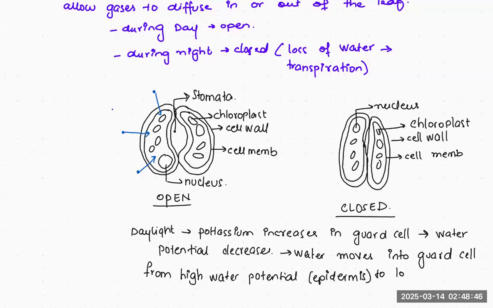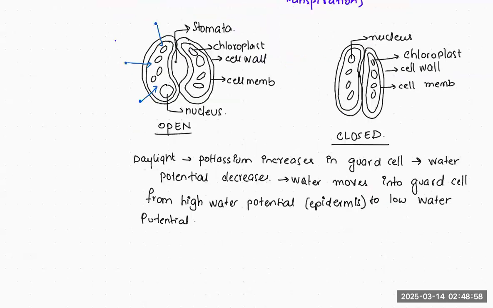Now, when the water moves into the guard cell, what happens? The guard cell is going to swell up, right? It will swell up and it will end up becoming a bit firm. For that, we use a special term.